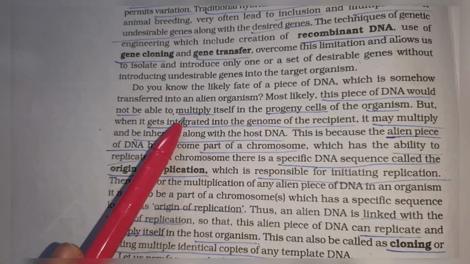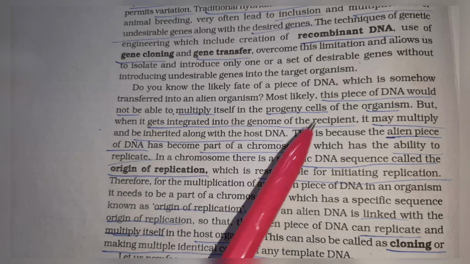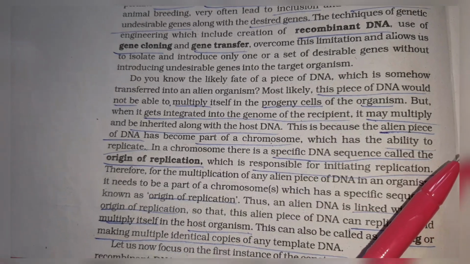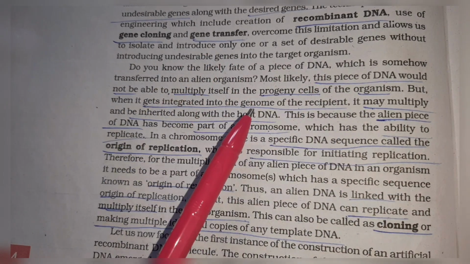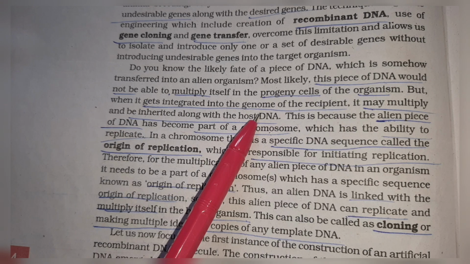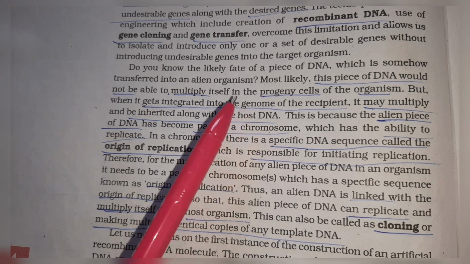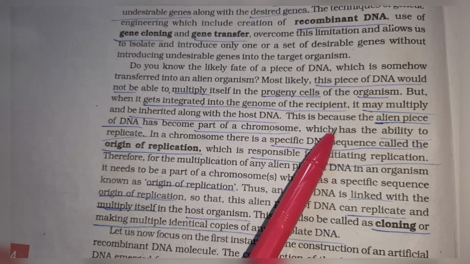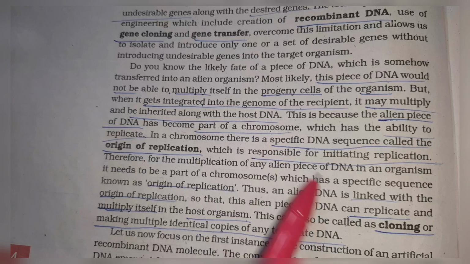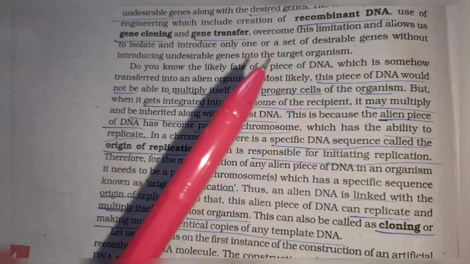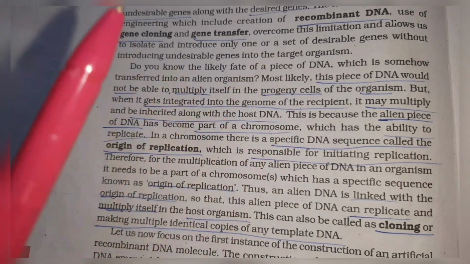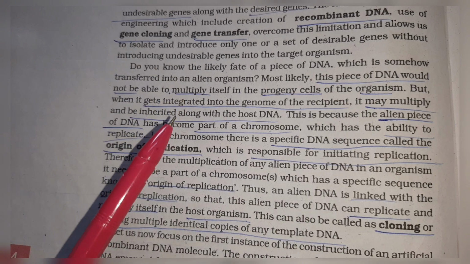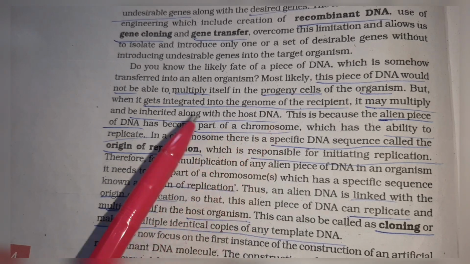But when it gets integrated into the genome of the recipient, it may multiply and be inherited along with the host DNA. If instead of simply putting the DNA inside, we integrate it with the genome of the recipient, then as the genome replicates, the DNA which we implanted will also replicate and it may pass into the progeny.